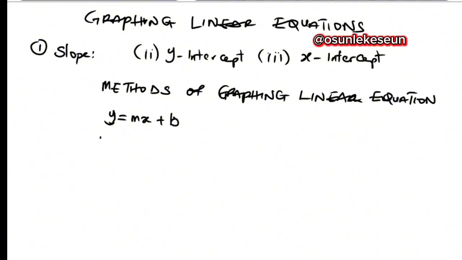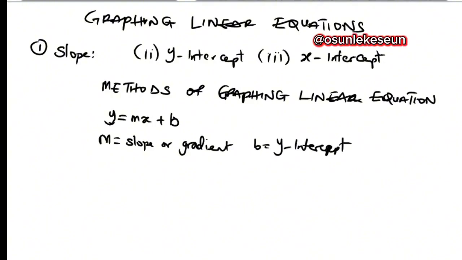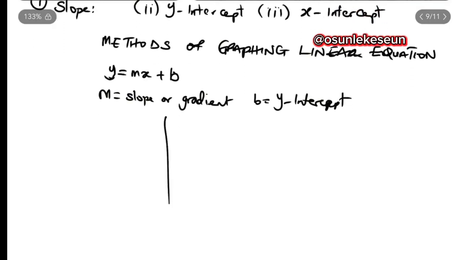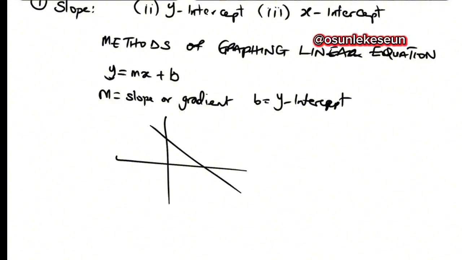In this case, m is called the slope or gradient, and b is called the y-intercept. And what do we mean by y-intercept? If this is our graph, the y-intercept is the point through which the graph goes through the y-axis.